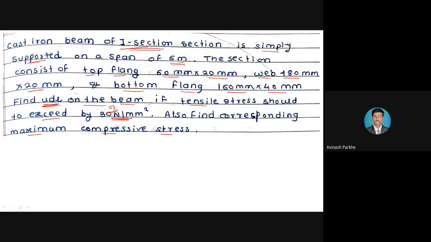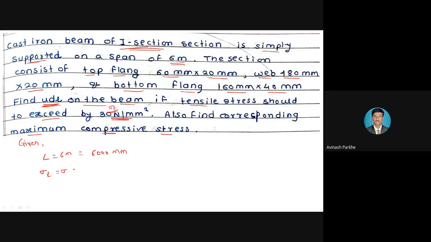So sigma T is given as 30 Newton per mm square, and we also have to find the corresponding compressive stress. That means we have to calculate the UDL and the compressive stress, and for that, sigma T as the tensile bending stress of 30 Newton per mm square is given. Okay, so first of all you just write down all the given parameters. The length of the beam is given as 6 meter, that is 6000 mm.